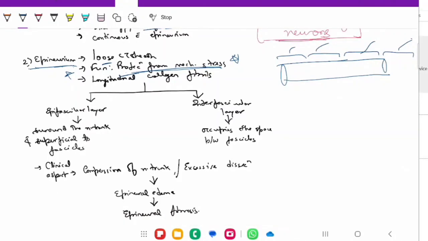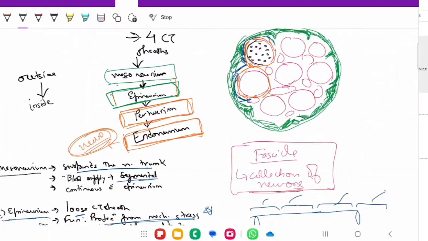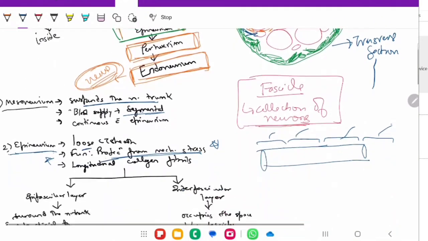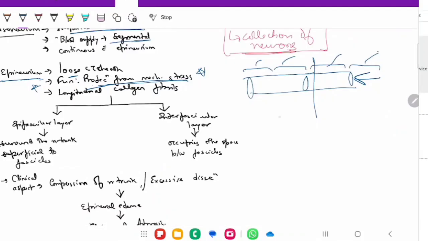It has longitudinal collagen fibers. Now what is longitudinal collagen fibers? The thing is, what we are seeing right now is a transverse section of nerve. Transverse section means I'll take this nerve and cut it like this and then see it from this angle. But longitudinal section means in this way.